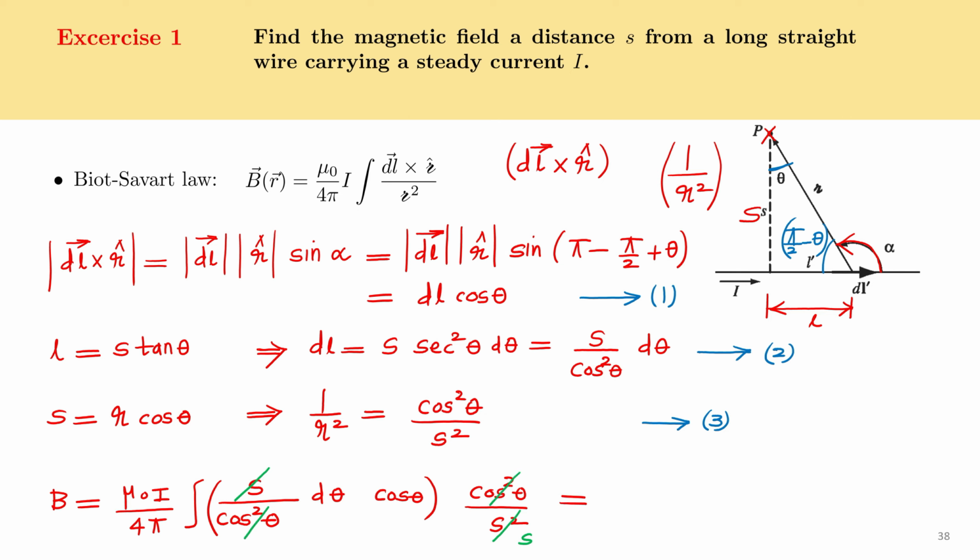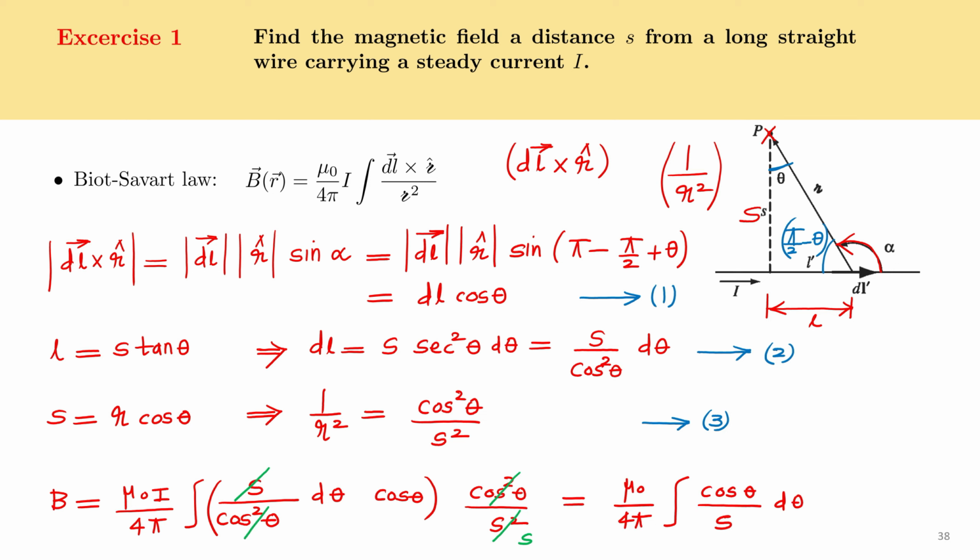That is equal to mu 0 I over 4 pi s, integral cos theta d theta. To proceed further, we have to find the integration limits.